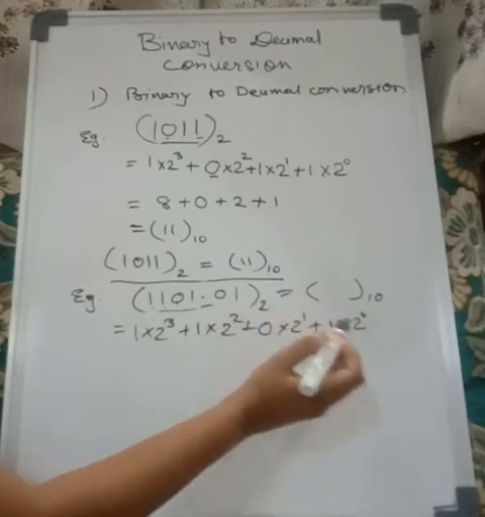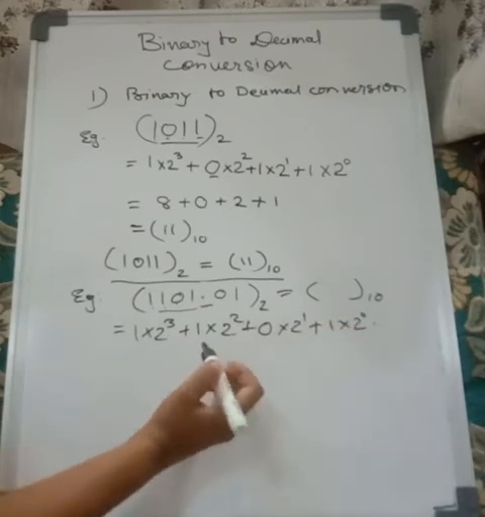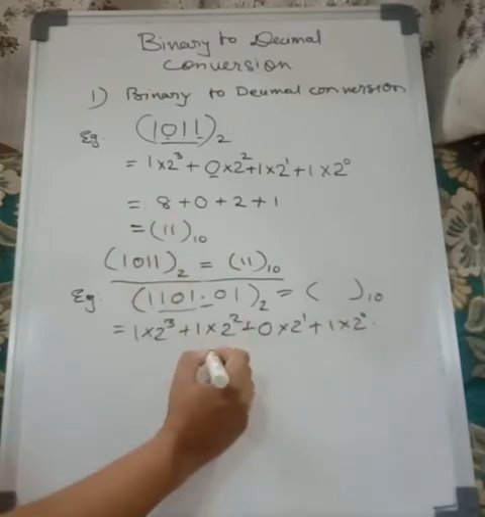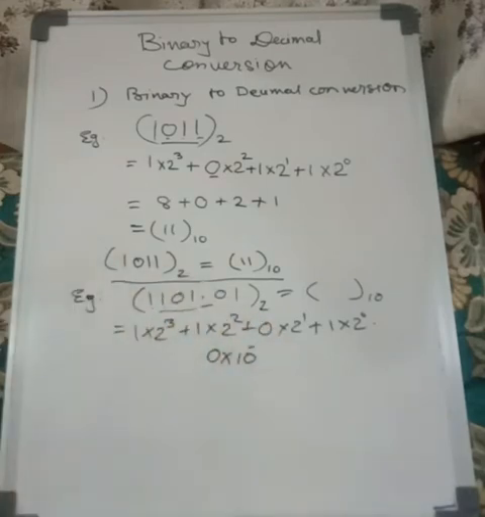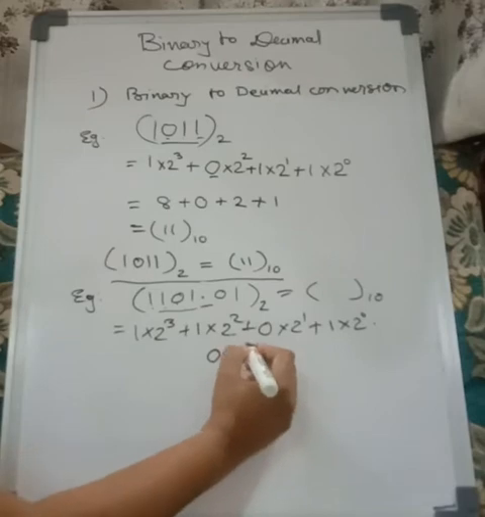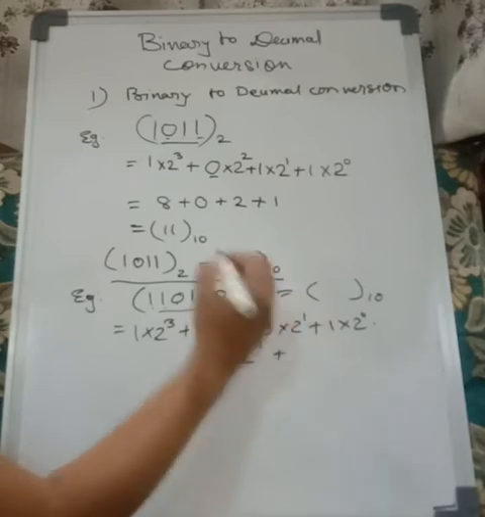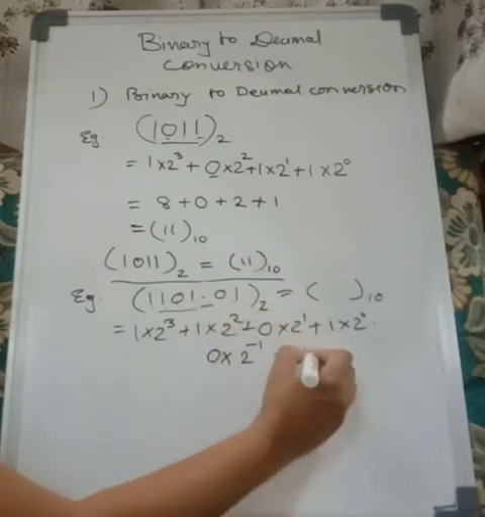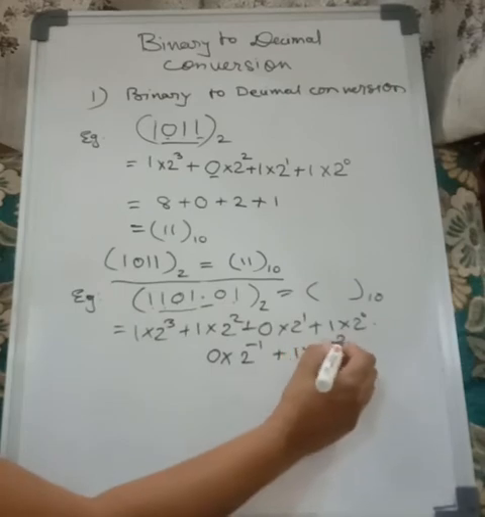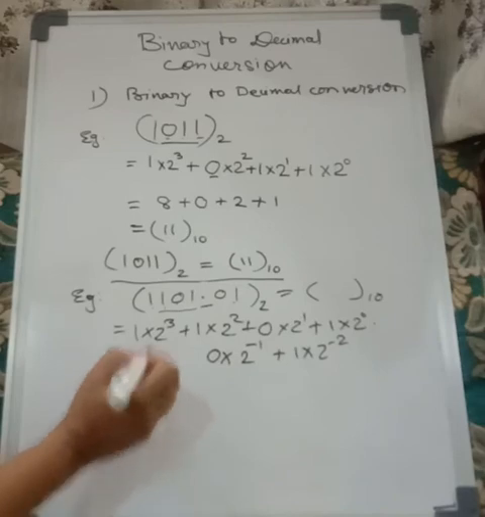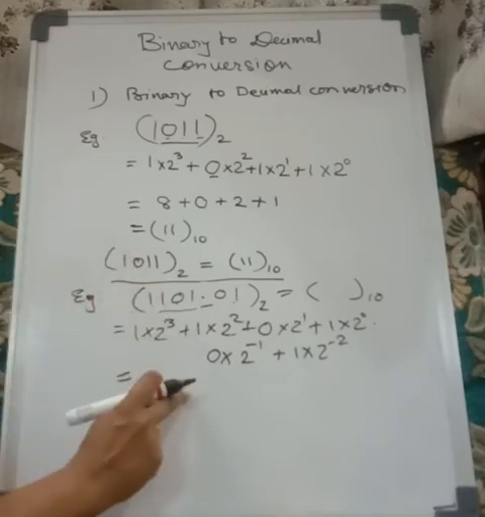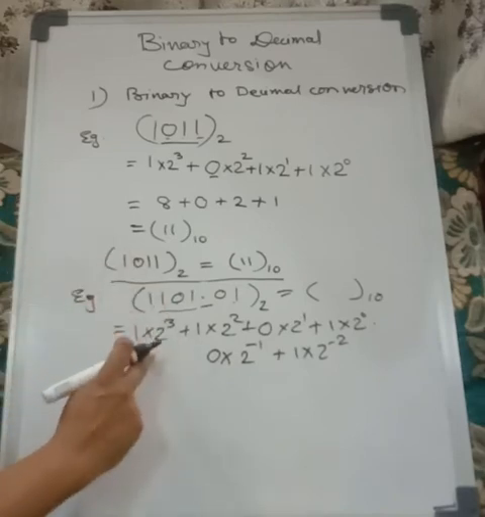Then the point comes over there, and after that 0 into 2 to the power minus 1, plus 1 into 2 to the power minus 2. Like this we have to do the calculation and find the answer.